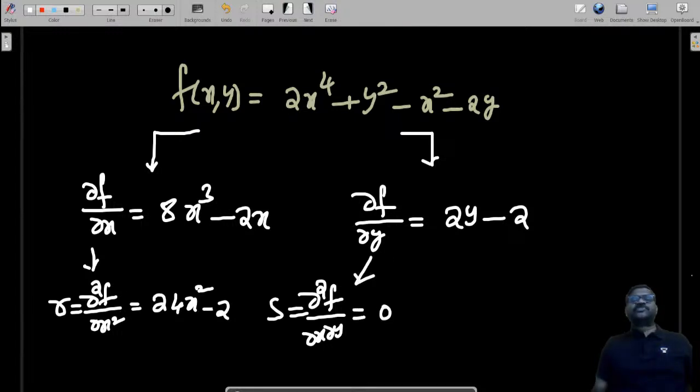When you differentiate with respect to x, 0. When you differentiate with respect to y, 2.